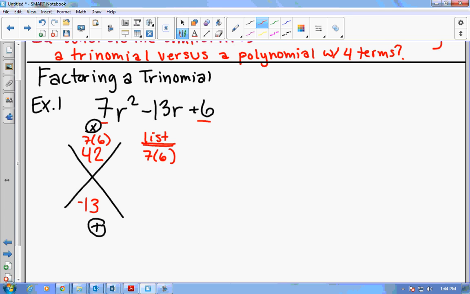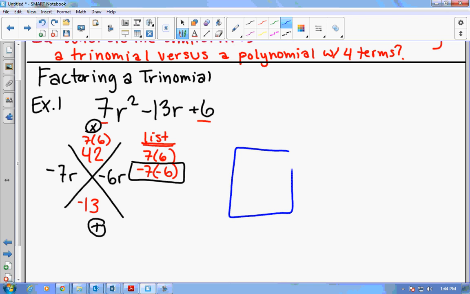Okay, but also negative 7 times negative 6. That's the one we want, right? Those are our R's. Oh, you're warmer, but not quite. Then we fill in the box.